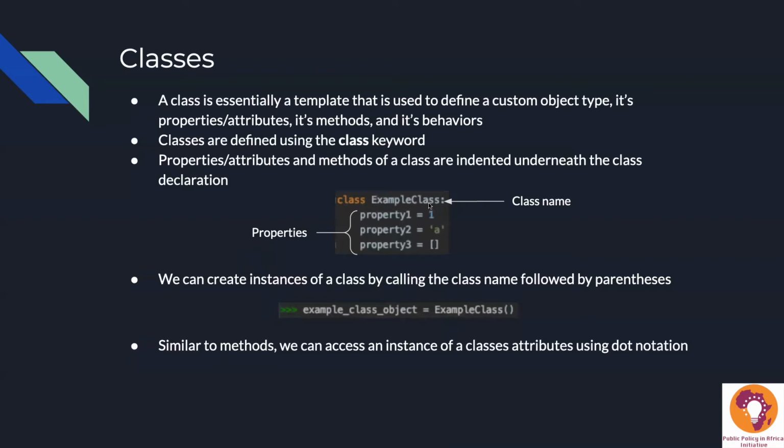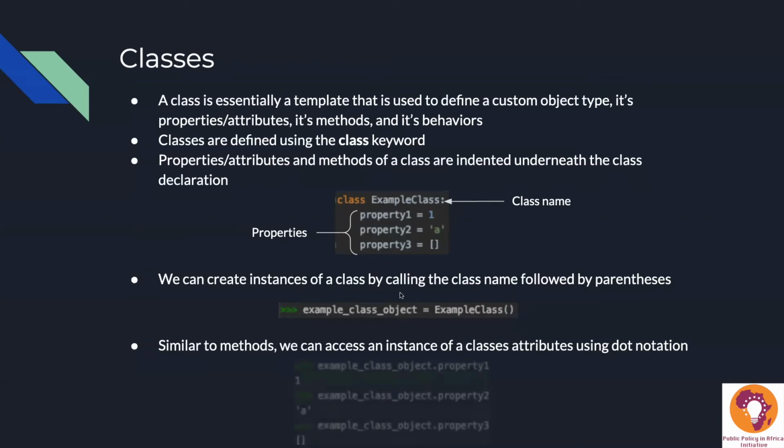I'm referencing this example class up here, and you'll notice I'm putting parentheses after it. The parentheses specify that it needs to be an instance of that class rather than the class itself. If I didn't include the parentheses, it'd basically be creating a duplicate reference of the class. But here I'm creating an instance of that class using the parentheses.